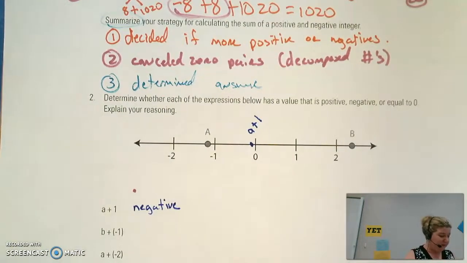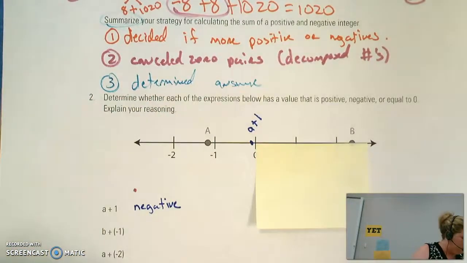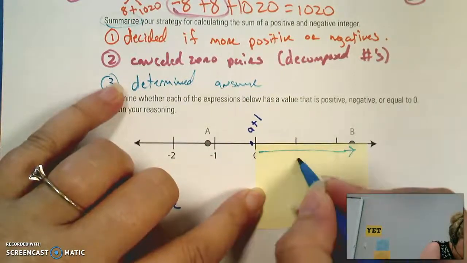Okay, next question. B plus negative 1. Well, I need to measure B to start with. From 0, it's going to the right. B is a positive number.